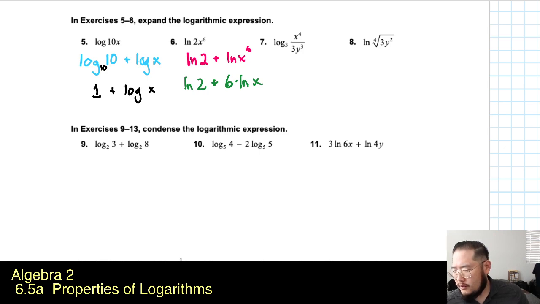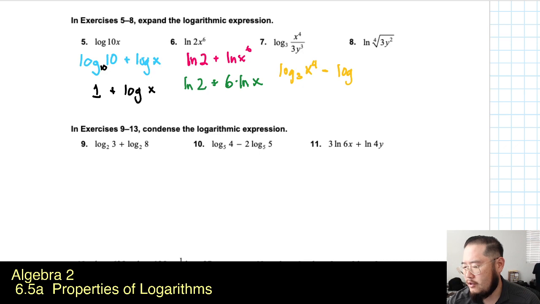All right, so right here in number 7, we have looking at the quotient. So let's use that quotient property. And then we have log base 3 of x to the 4th power, and then minus log base 3 of 3y to the 3rd. Okay.